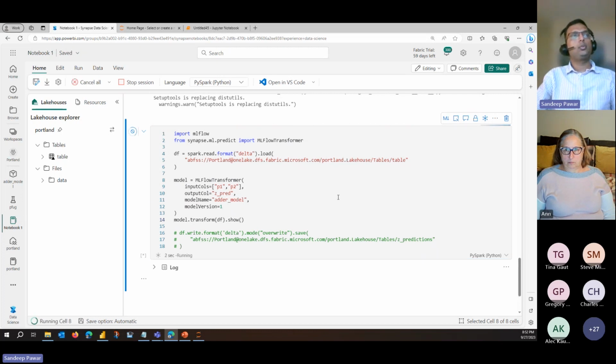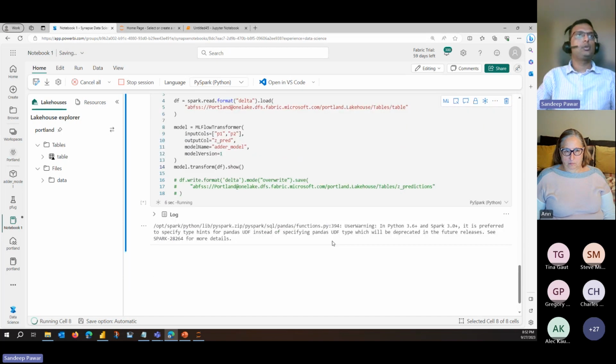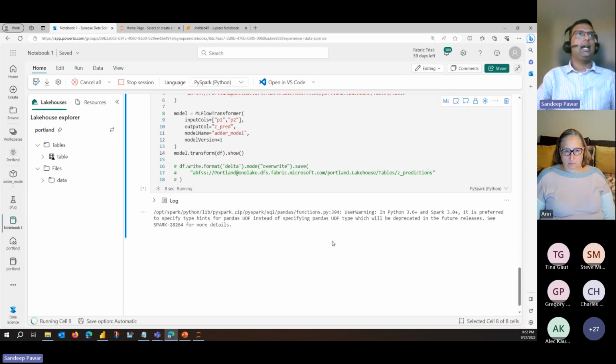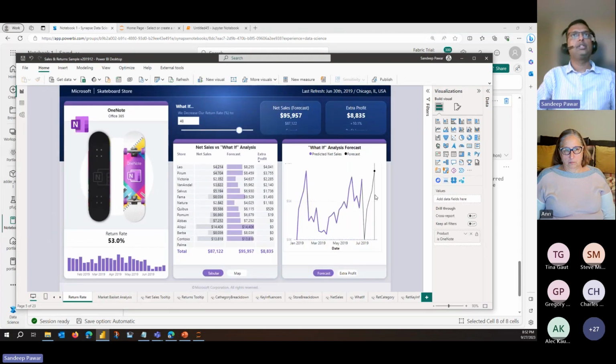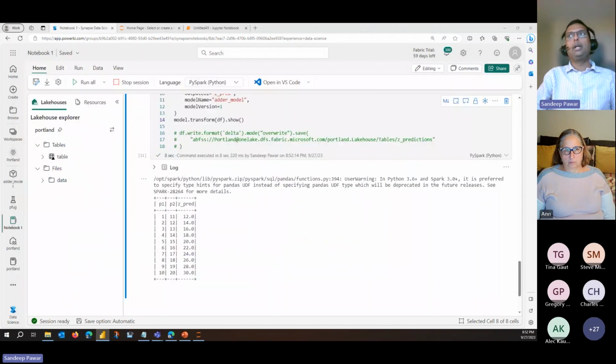And if all goes well, and if our experiments are successful, we should see that it will give me a Z prediction based on the P1 and the P2. Right?